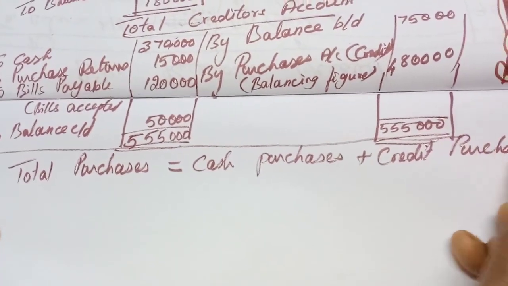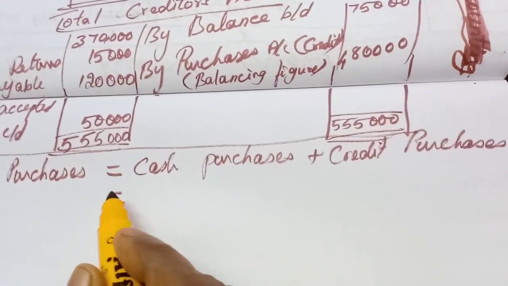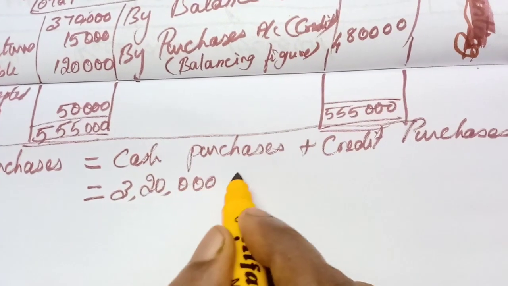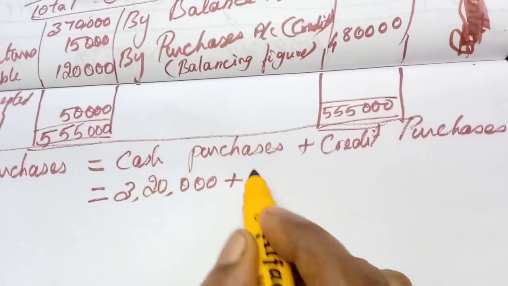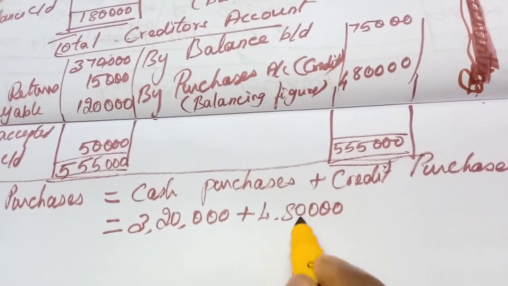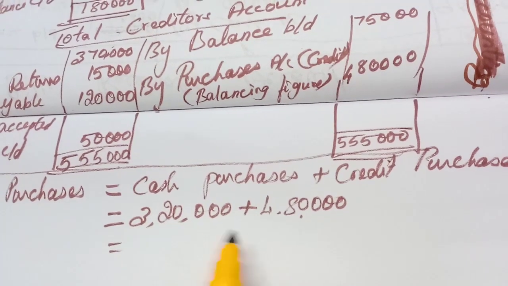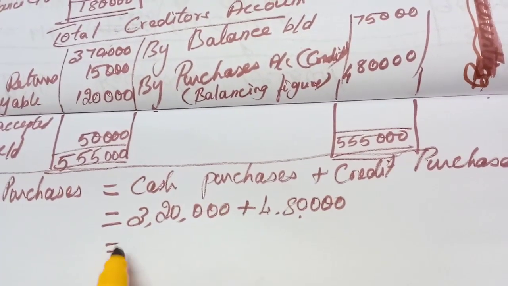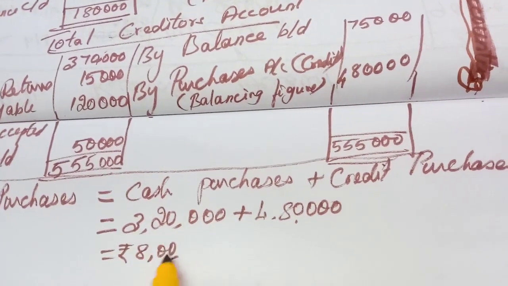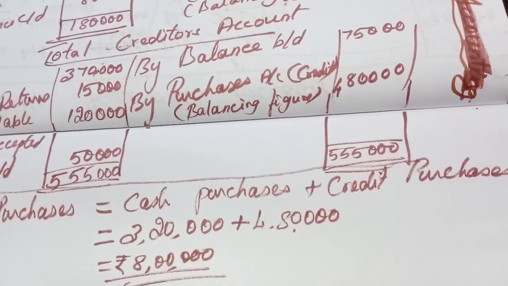How much is the cash purchases? Cash purchases is given in the sum, 3,20,000, plus credit purchases we have calculated, 4,80,000. So total here 3 lakh, 4 lakh, 8 lakh. 8 lakh rupees is total purchases.